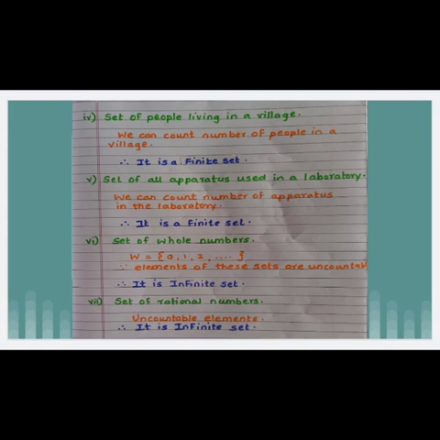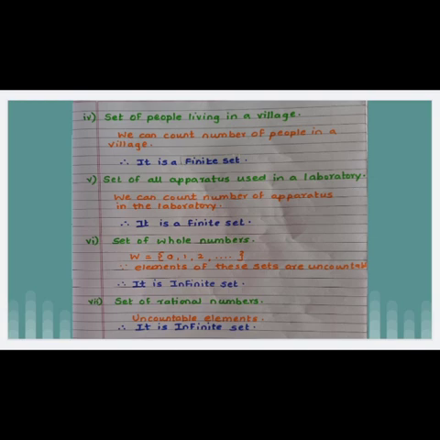Fourth one, set of people living in a village. We can count number of people in a village, therefore it is a finite set. Fifth one, set of all apparatus used in a laboratory. We can count number of apparatus in the laboratory, therefore it is a finite set.